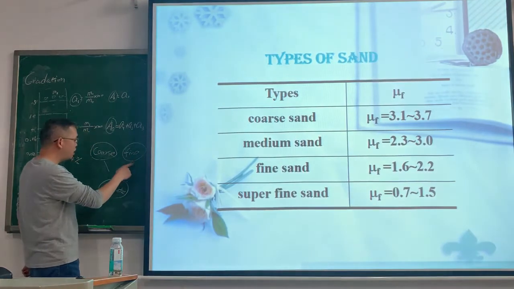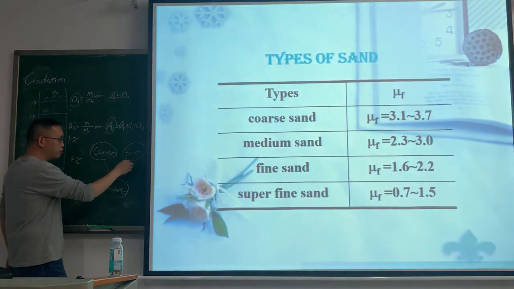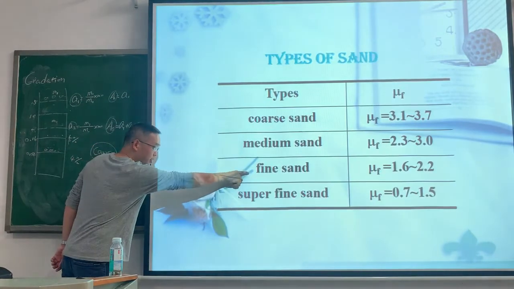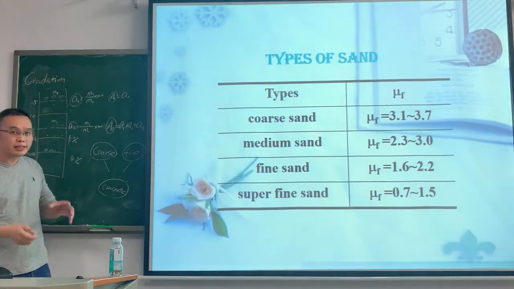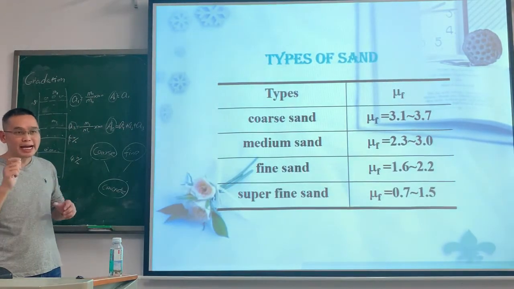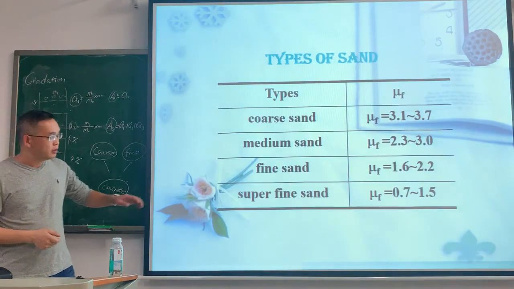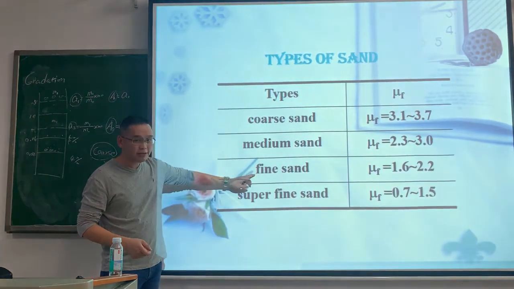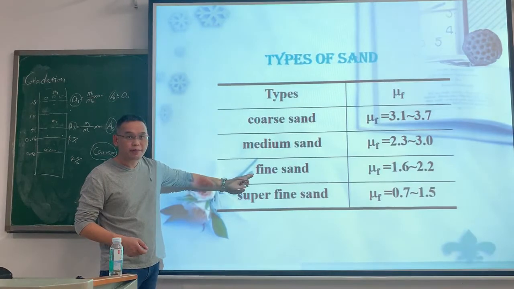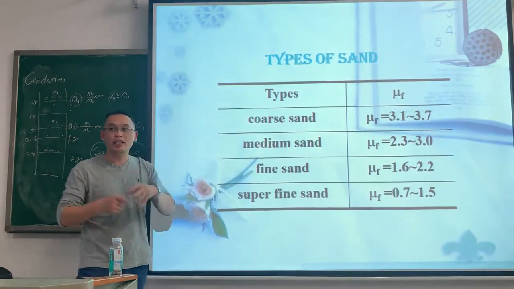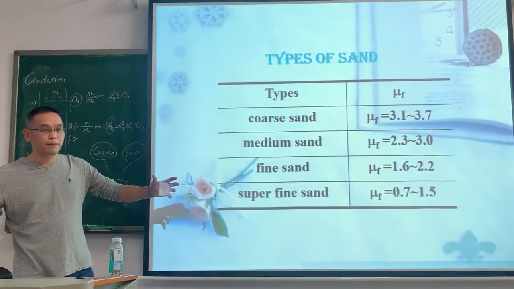So if we use this fine sand, for the same mass of coarse sand and fine sand, the specific surface of the fine sand is bigger.